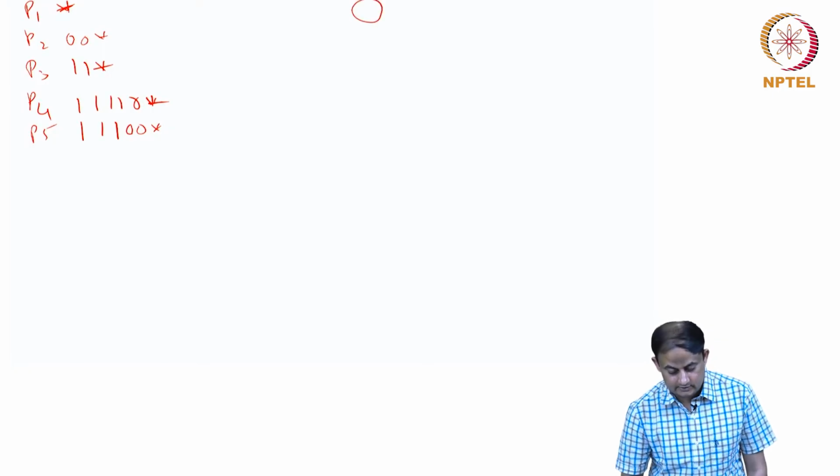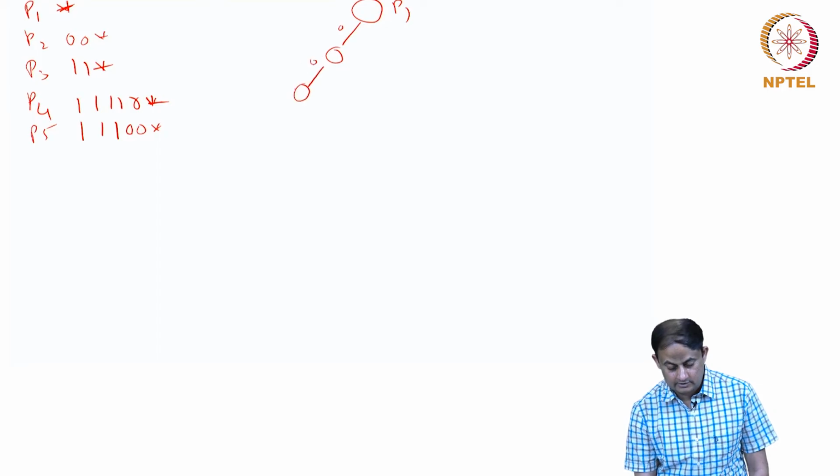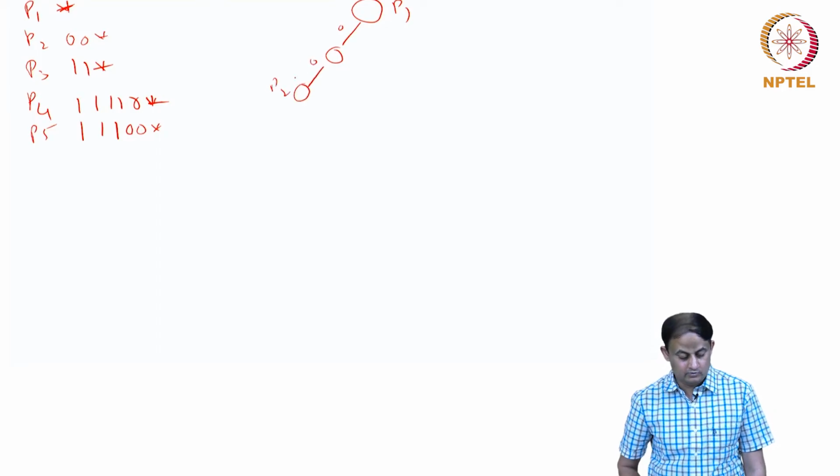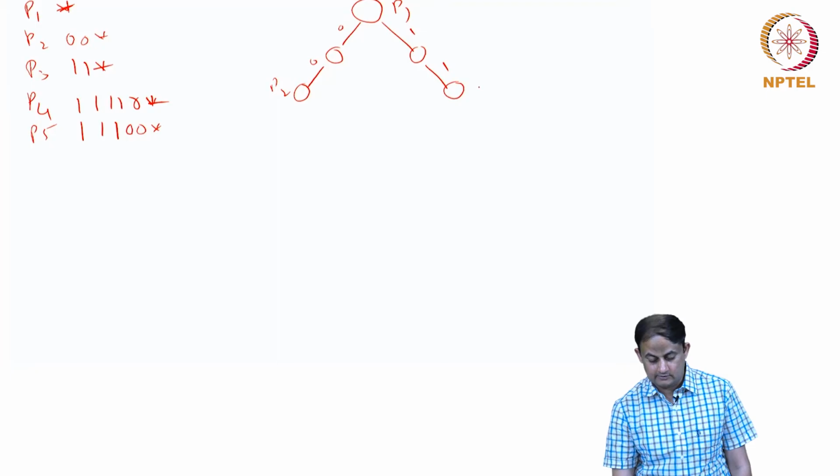So, as usual, I start with the root node, and that is my prefix P1. Then P2 has got the 2 zeros, so I come to the left, this is my P2. P3 is 1 1 star, so I go to the right, 1 1, this is my P3.